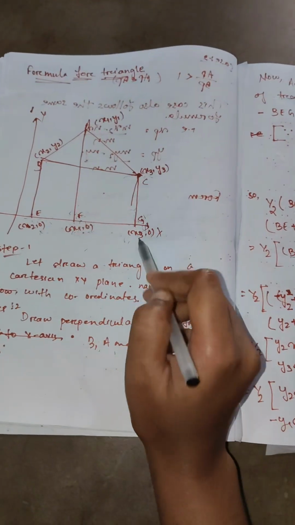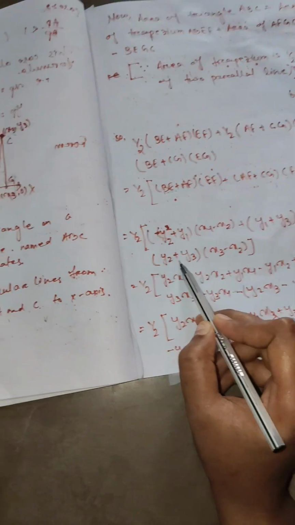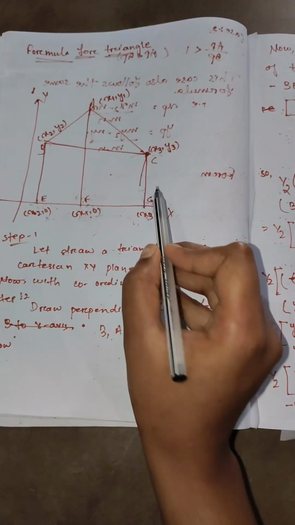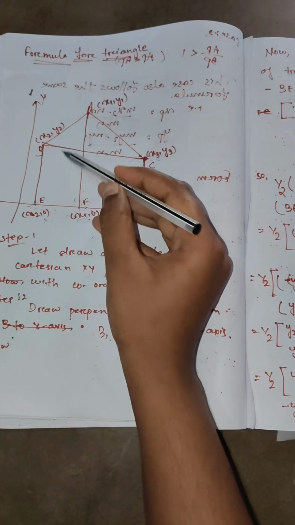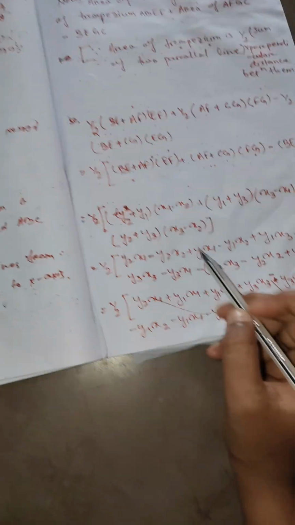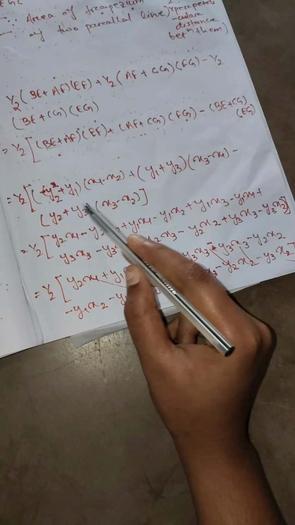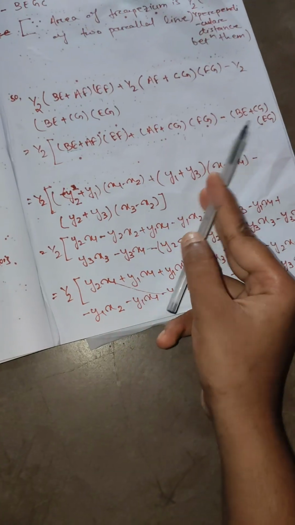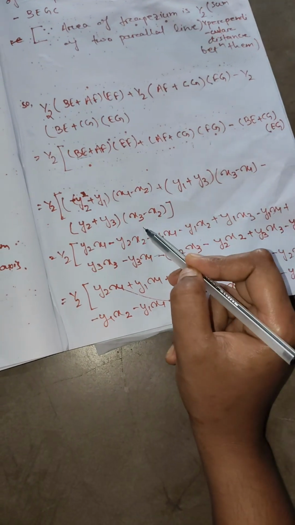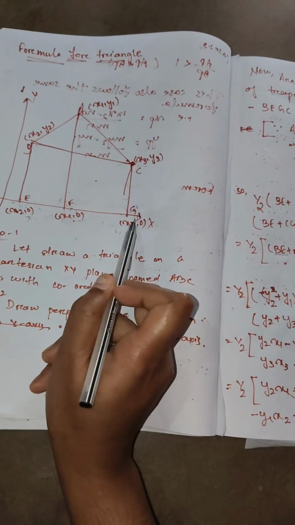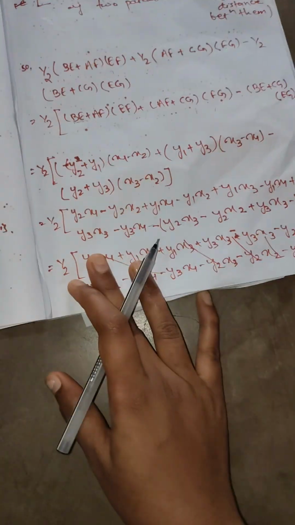BE plus CG can be written as y2 plus y3, BE represented by y2 and CG represented as y3. So BE plus CG is y2 plus y3, and the length of EG is x3 minus x2.